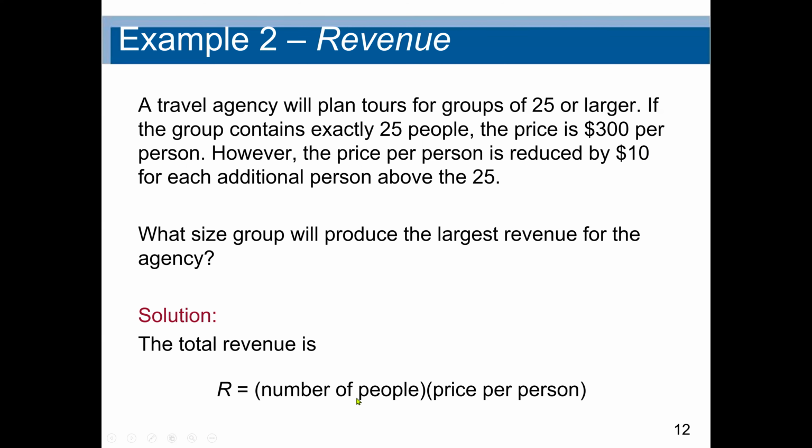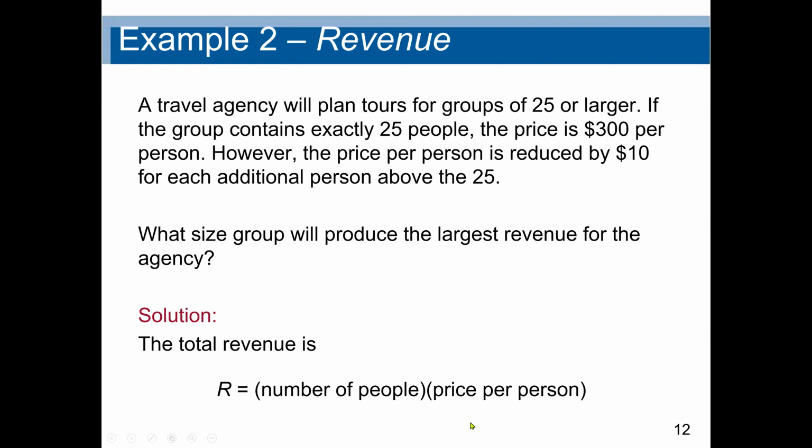But we know that if the number of people is up to 25, let's say the number of people is x, the price is 300. The condition says if it's up to 25, then it will be 300 times x, if x is 25 or less.